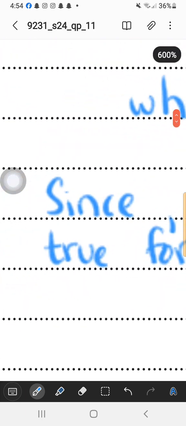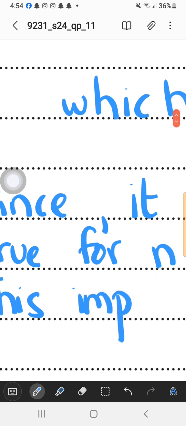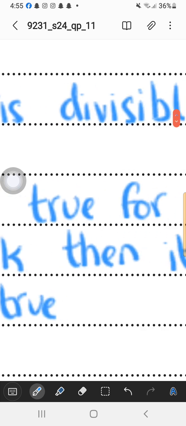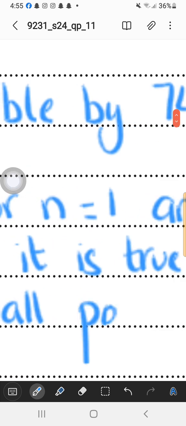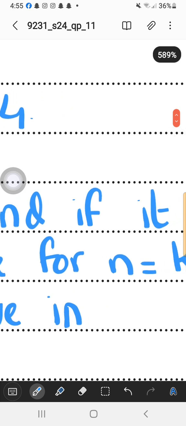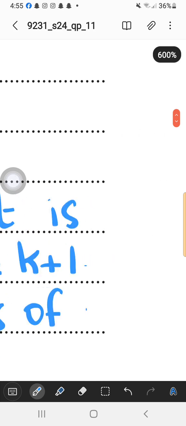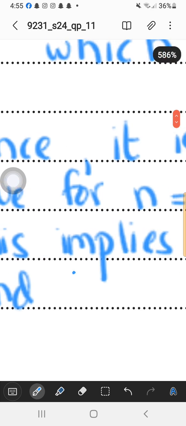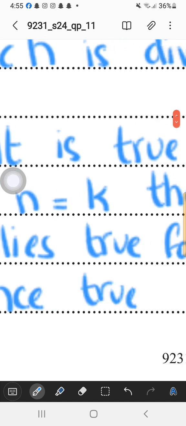Then this implies true for all positive integers of n, and hence true by induction.